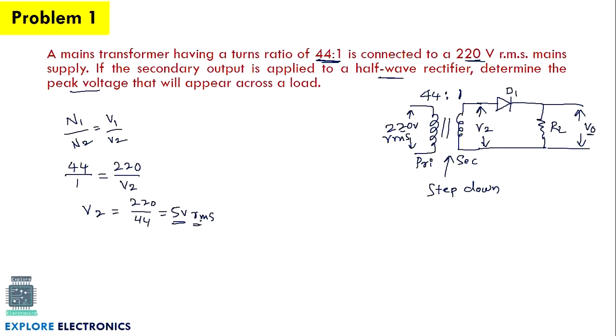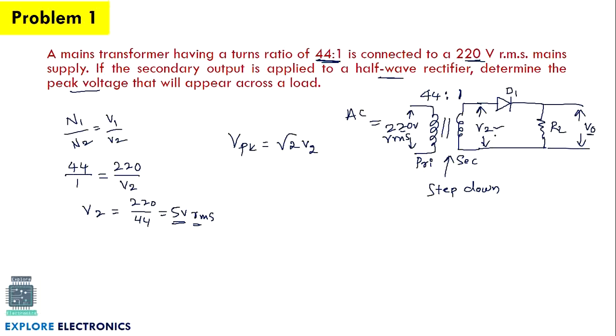Once we obtain V2, we need to calculate the peak voltage. Peak voltage of this V2 is VPK, which can be calculated as root 2 times V2. Observe here, this 220 volts is an AC signal.